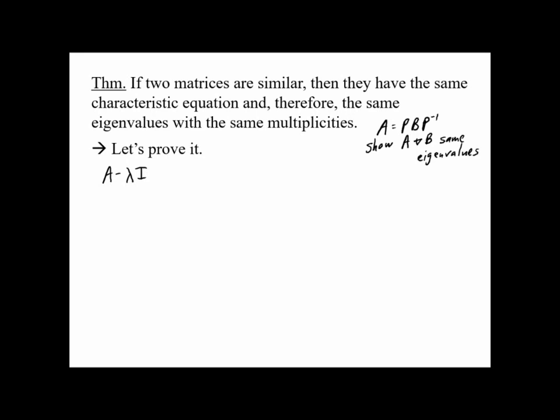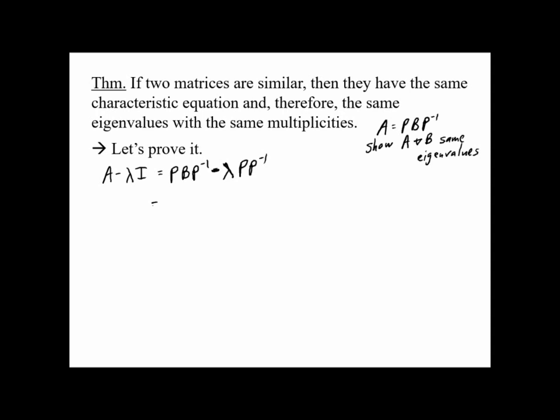So let's start with just this A minus lambda I. Now let me make a couple changes. Instead of A, I'm going to write P B P inverse, minus lambda times, instead of I, P times P inverse, because of course P times P inverse is just the identity matrix. And so I'm rewriting it that way.